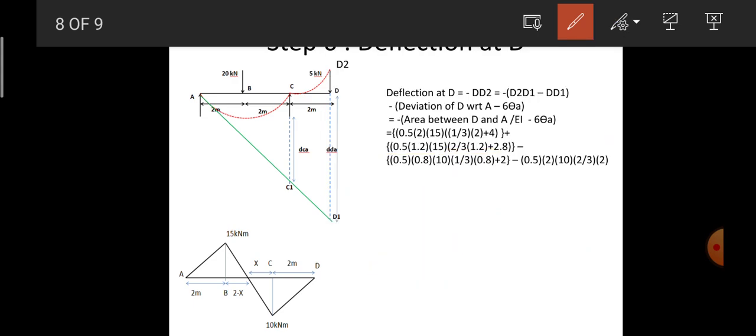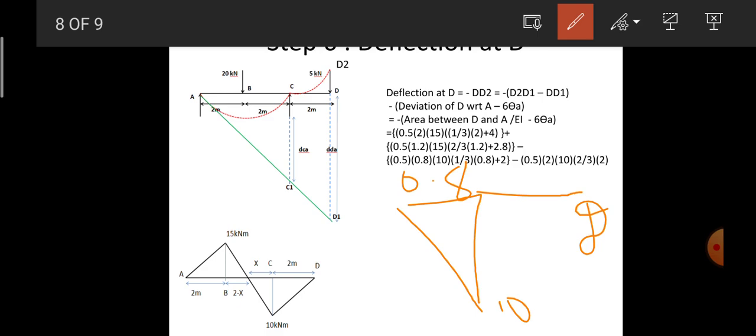Coming to the next triangle, x is 0.8. I have 10 kilonewton, and this is point D, and the distance is 2 meters.